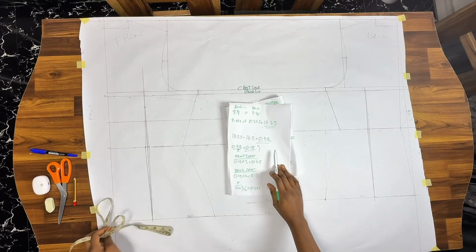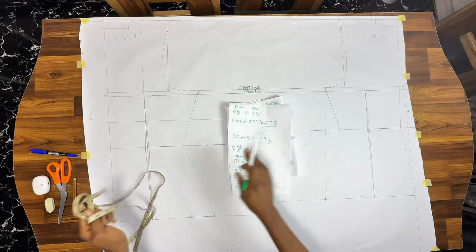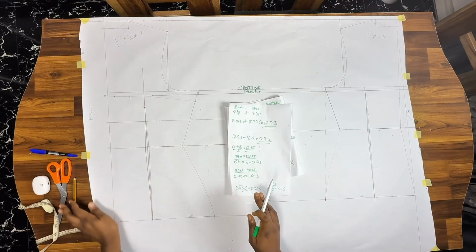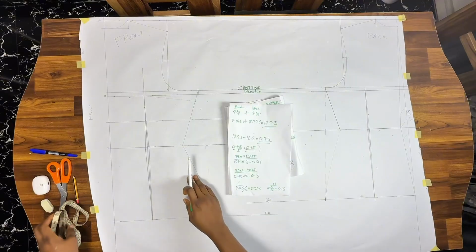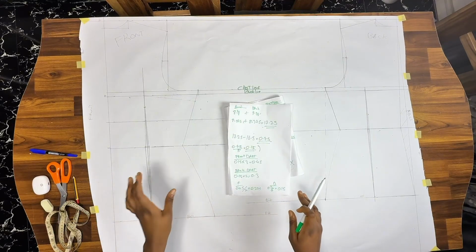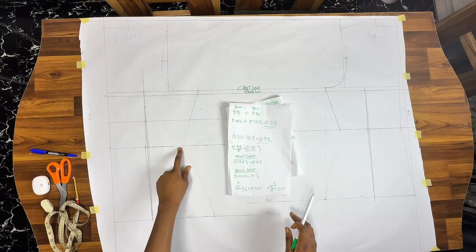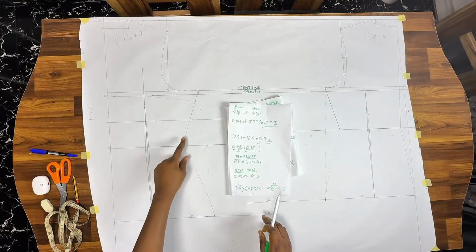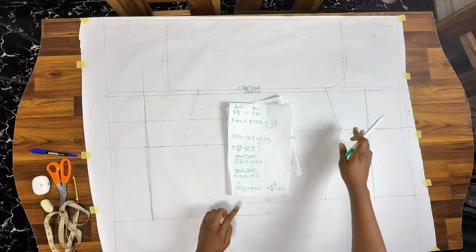Like I said earlier, before I drew my front and my back darts, I first of all measured what I have on the pattern paper again. Remember we measured it before, and after waist shaping, we measure it again. So I measured again after the first waist shaping, and the second waist shaping, I measured again.